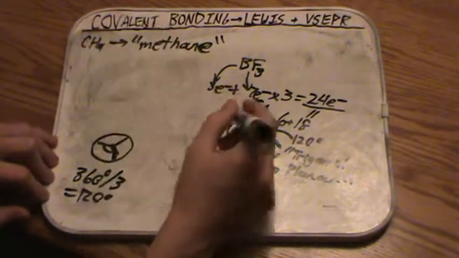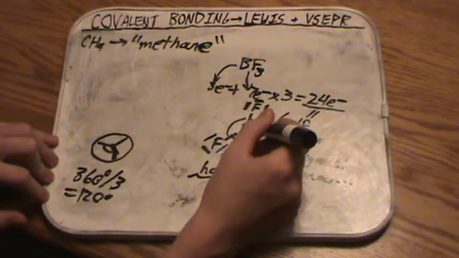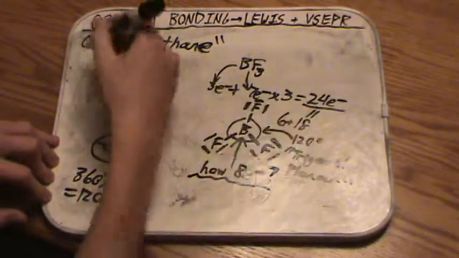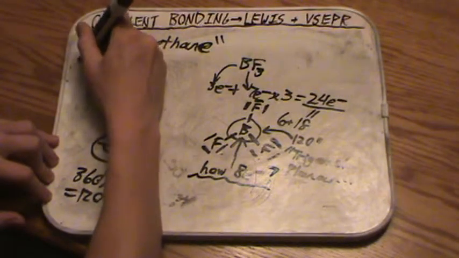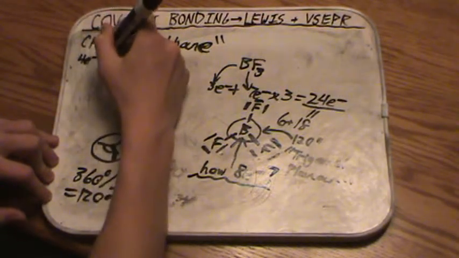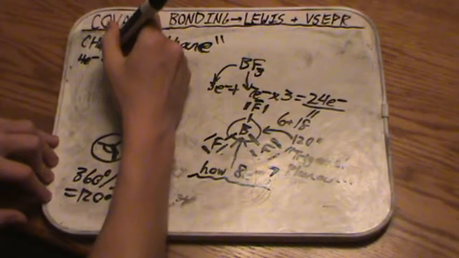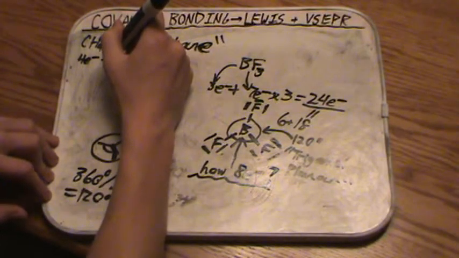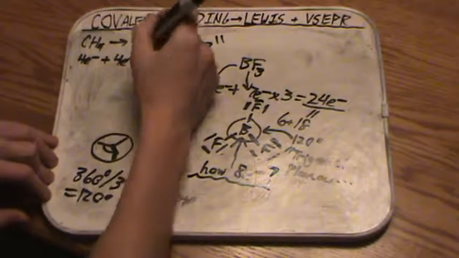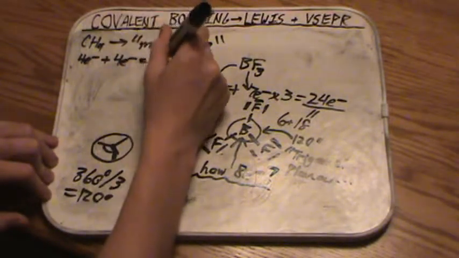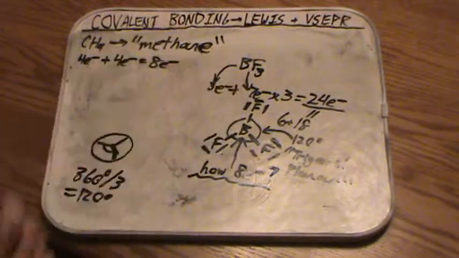As we know, most of the time, the rule that was broken here holds. So carbon has 4 electrons in its valence energy level, and then each hydrogen has 1 electron in its valence energy level. And since this is times 4, there's another 4 electrons, because there are 4 hydrogens. This is equal to 8 electrons. So we have 8 electrons to work with.